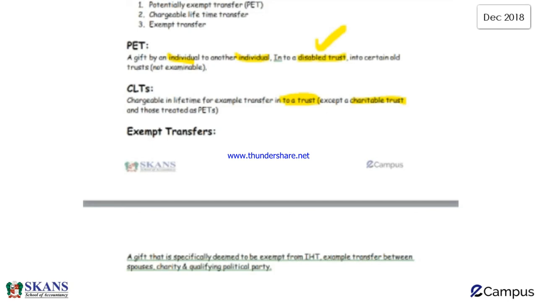So any transfers to a charitable trust or disabled trust would not be considered a CLT.